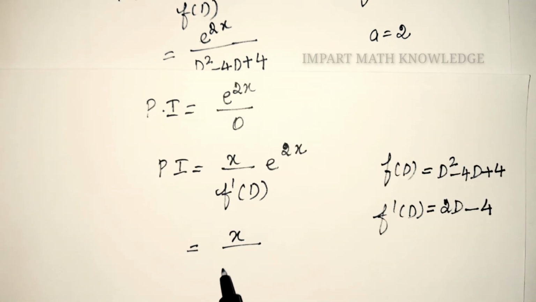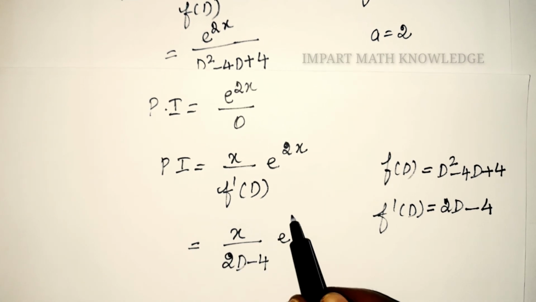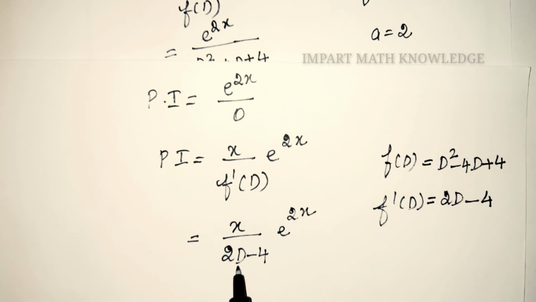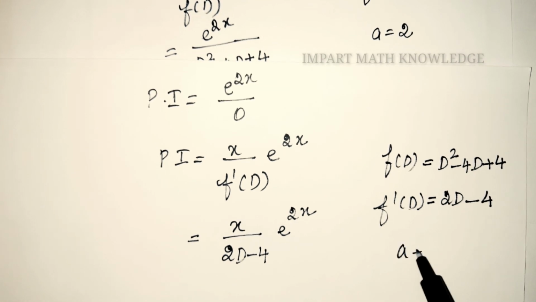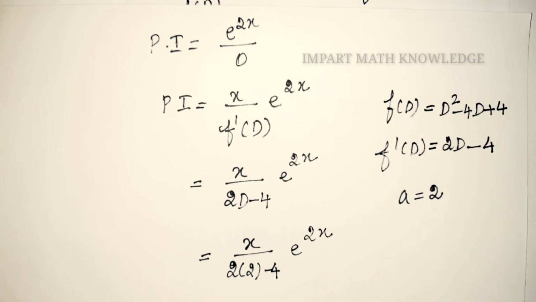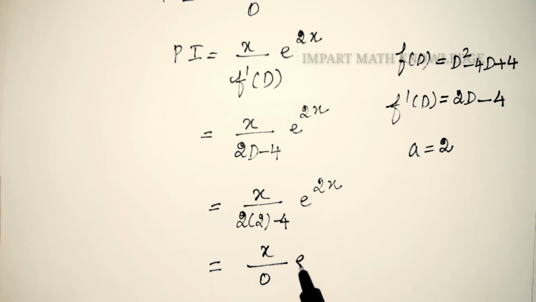The particular integral is x by 2D minus 4 e power 2x. Again you replace D by a. Here the a value is 2. So, x by 2 into 2 minus 4 e power 2x. The denominator is 0 again.